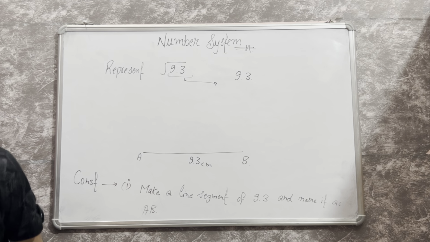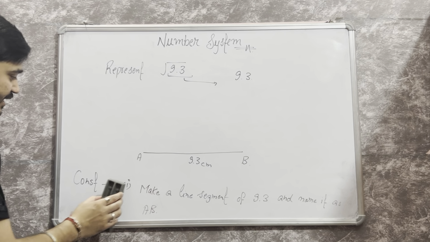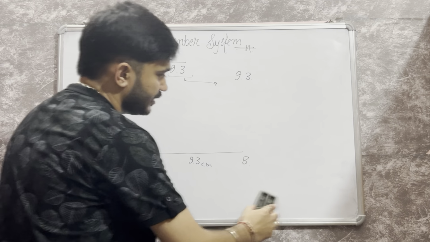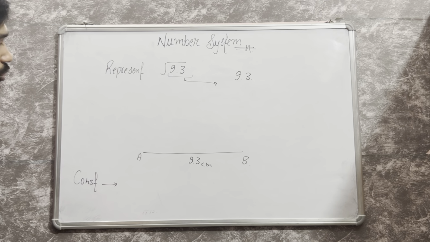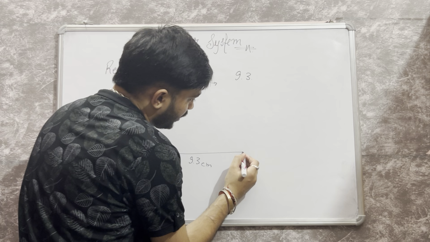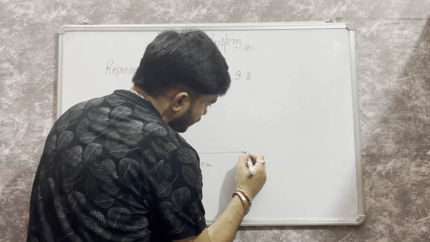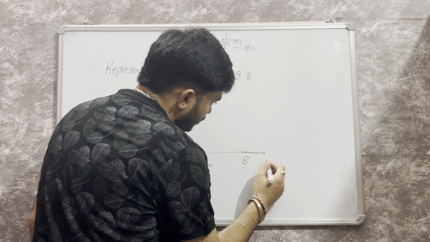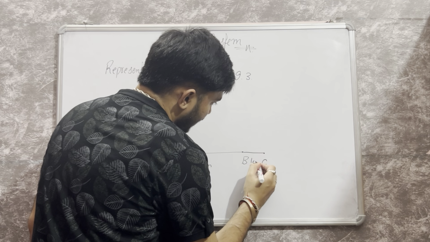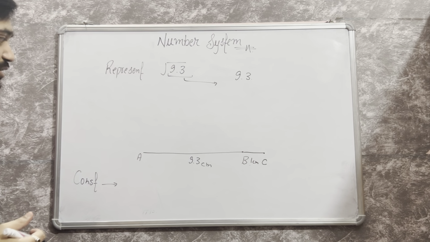Now moving on to the second step of construction, that is what you are going to do. From this point B, take 1 centimeter line segment and name it as BC.